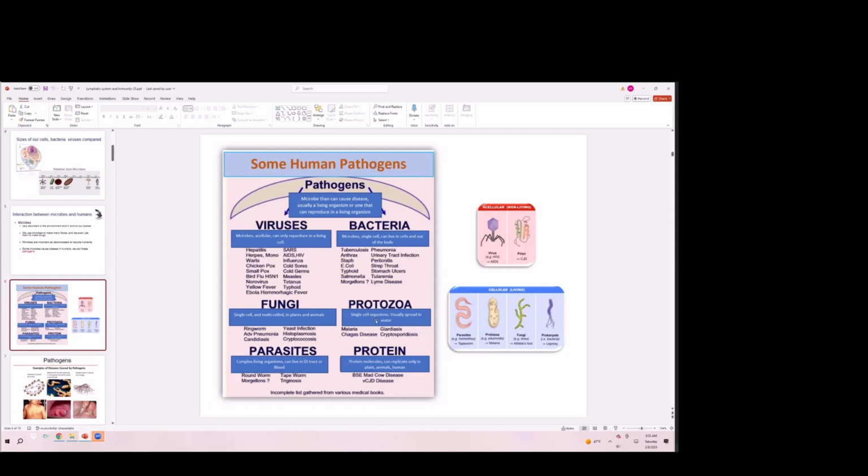Protozoa. We have some that cause malaria. Malaria is like a fever. It makes people have almost like a fever, but it's caused by a protozoa.